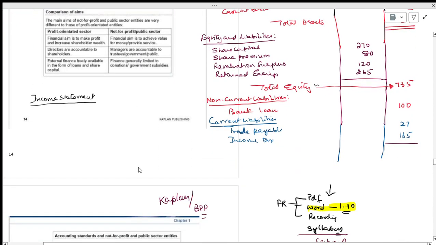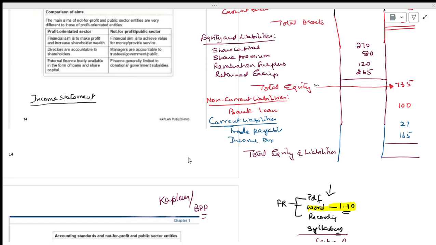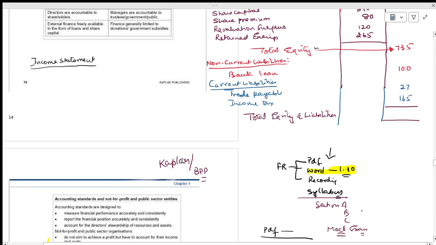How much is the total? 1027. Is it right?